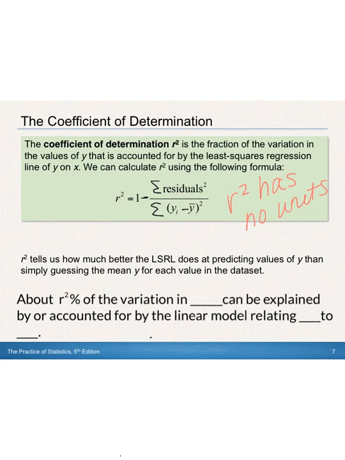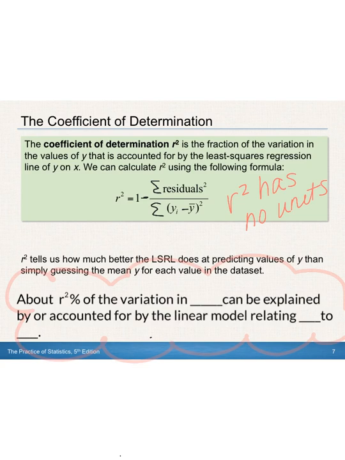And so R squared tells you how much better the least squares regression line does at predicting values instead of just simply guessing based on the data itself. So this particular collection of words you're going to need to copy down and use as your sentence stem whenever you're talking about the R squared.